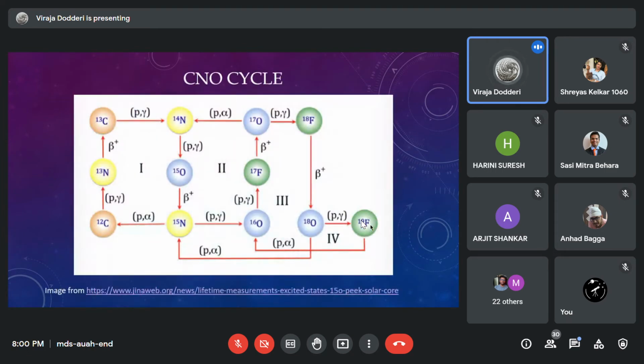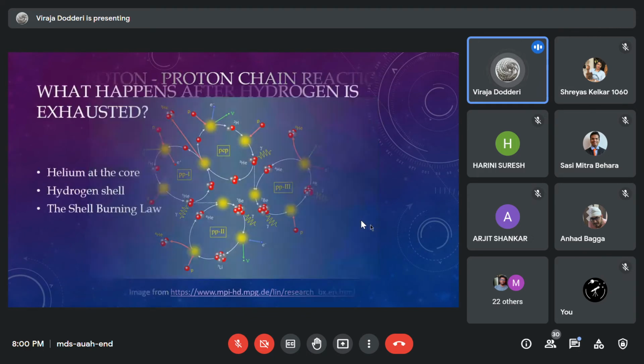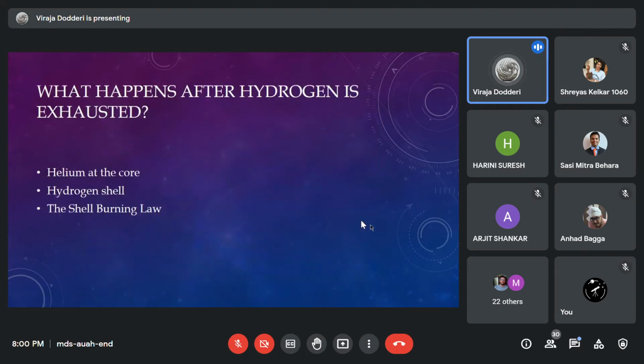Okay, this is the cycle. It is cyclic. When there is carbon and oxygen, the temperature won't be enough for that to burn. So the helium shell ignites again, and it causes the carbon and oxygen to burn, and it keeps going on depending on the mass of the star. The mass of the star will determine when it cuts off.